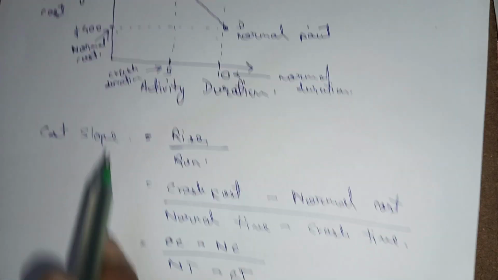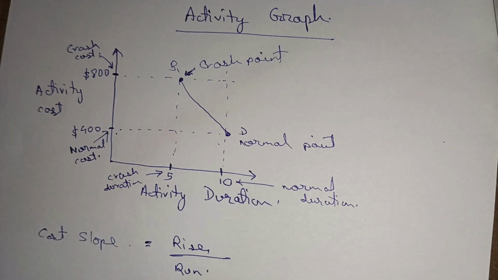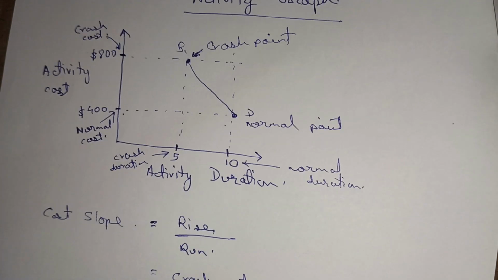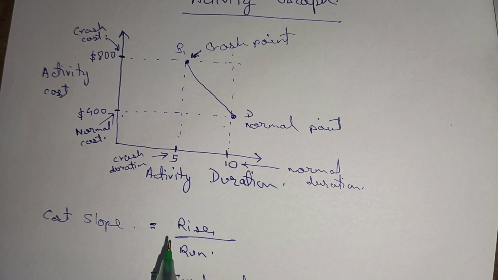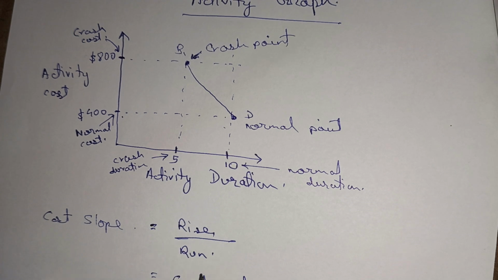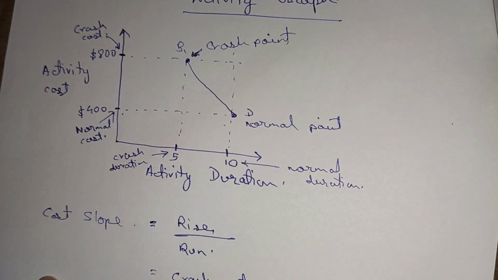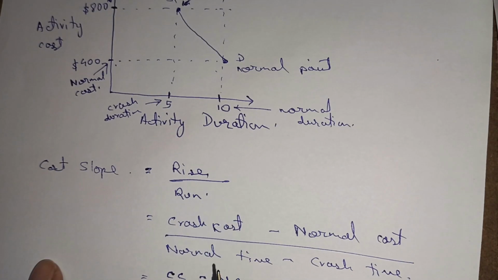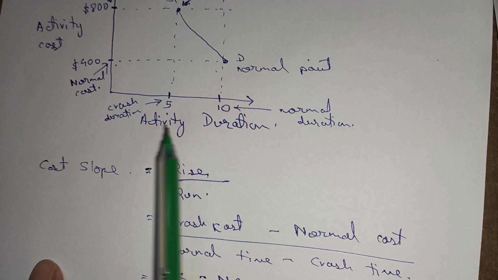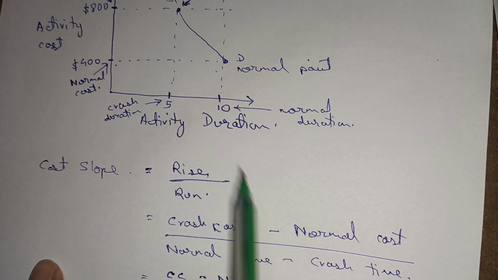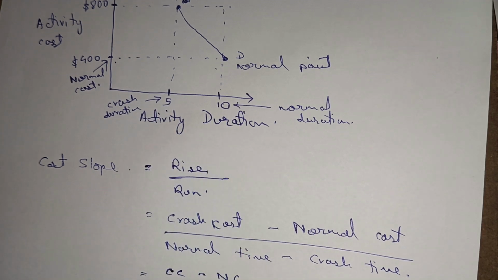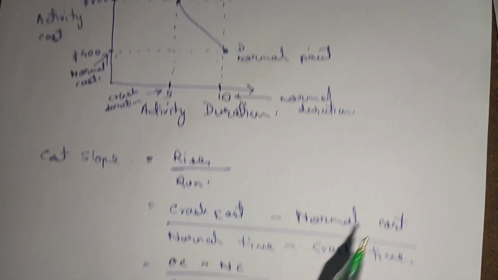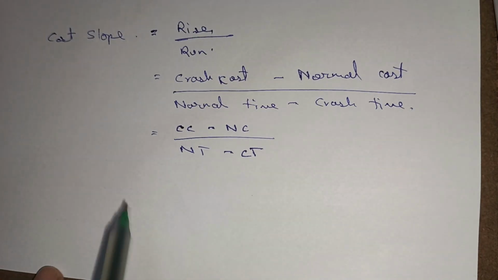Okay, so from this graph, if we take the numbers, we get cc as 800 and nc as 400, and normal time as 10, and your crash time as 5. Okay, so we'll just write that here.